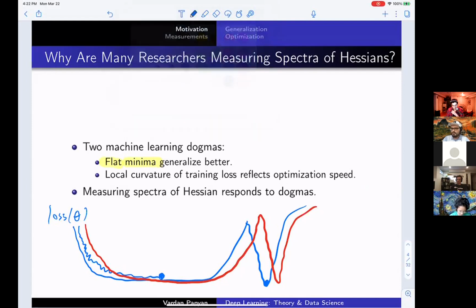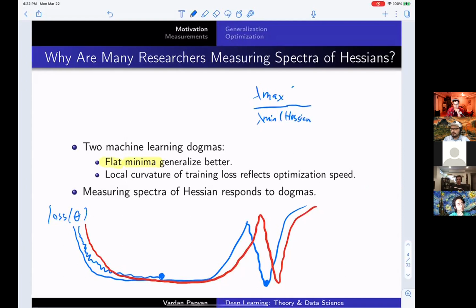If you take a course on optimization, you would learn there that the convergence speed of gradient descent depends on the condition number of the Hessian. So something like lambda max over lambda min of the Hessian.